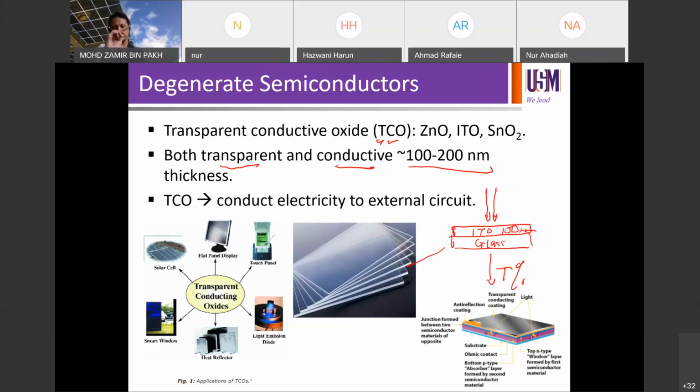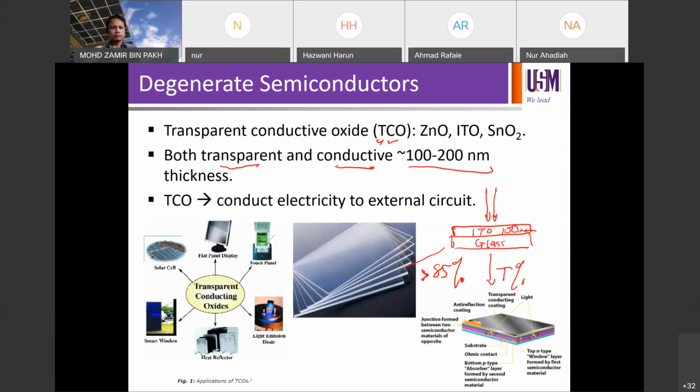You will see that the transmission is typically 85% or more for a good transparent conductor. If the transmission is very low, like 40 or 50, then it's not qualified. It's just not transparent.